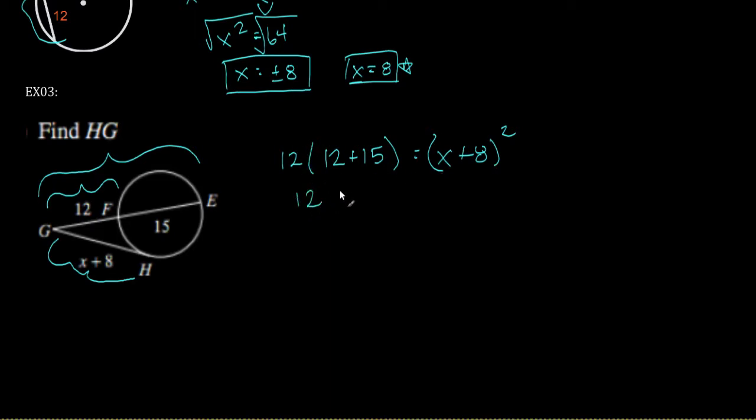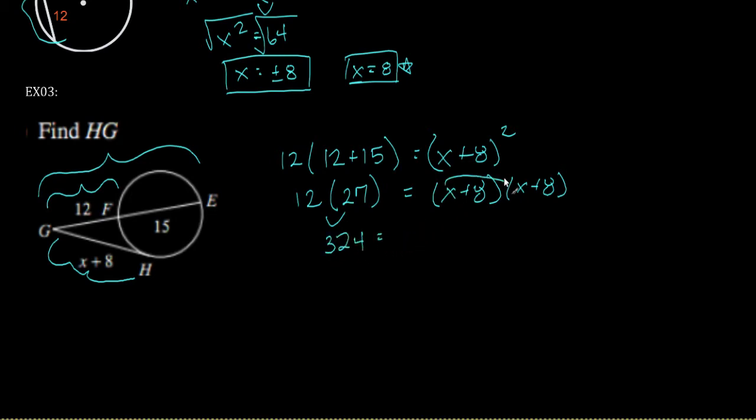So this is 12 times 27 equals, I'm going to write this out to make it easier for me. And 12 times 27 is 324. Oh, look at that.